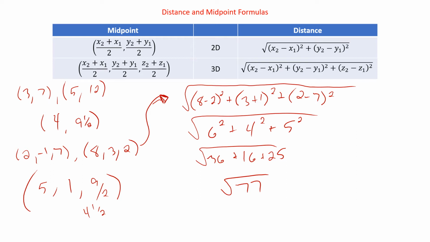Sometimes they do, sometimes they don't when we have just regular distance in 2 dimensions. Rarely will these simplify to a whole number in 3 dimensions. It is possible to simplify it a little bit, but not in this case because this is 7 and 11. They're both prime, so that is where it is.